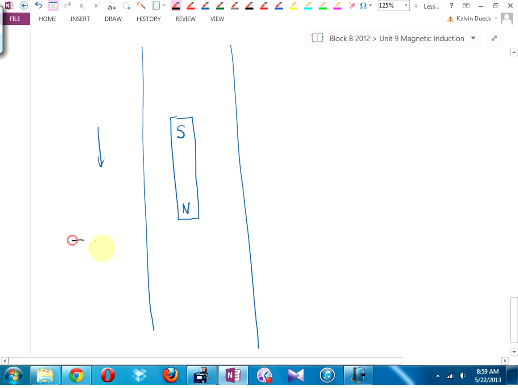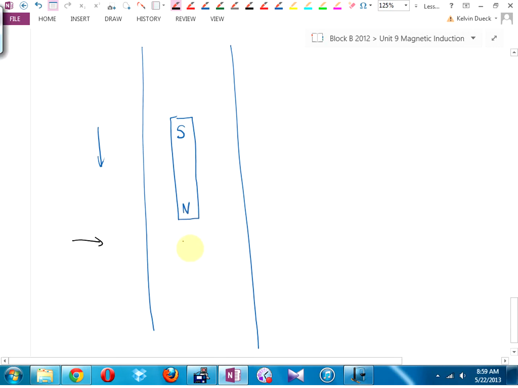Right here, you have a north pole moving down. You can treat this metal tube basically as one huge solenoid, a bunch of wires wrapped together. So we are going to induce a current.